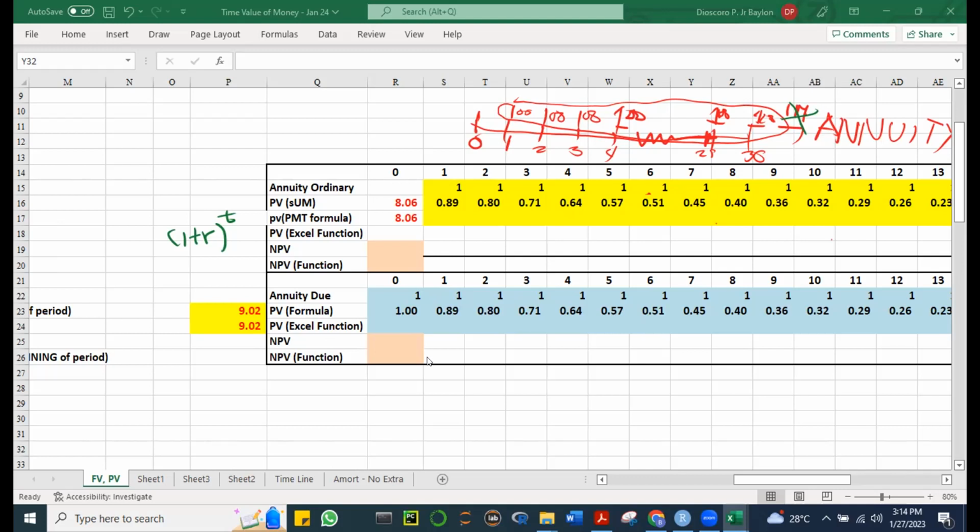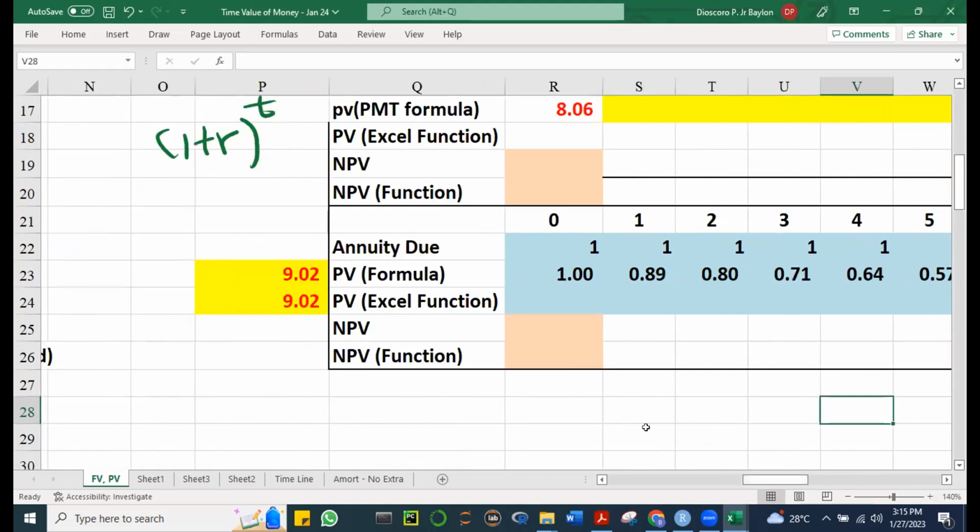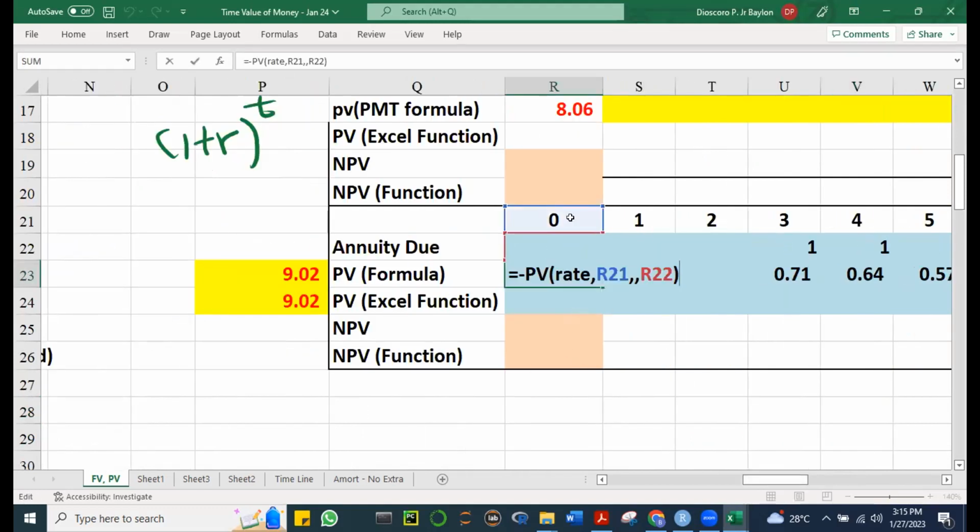So how did you get the 1.0 in there? Here, this one. Yeah. Okay. So let me show the computation. Here, we're getting the present value, using the rate, and then R21 is your cash flow.